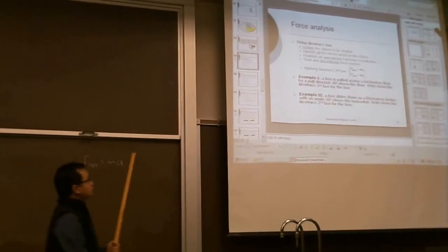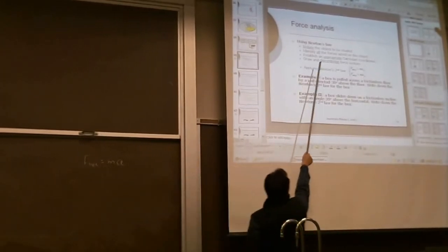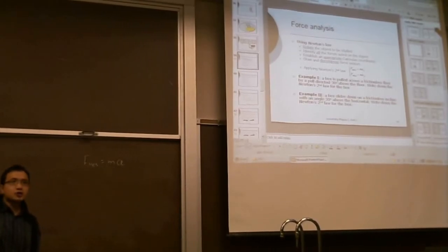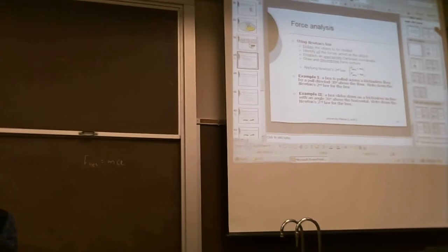Now, the general steps. First, you want to isolate the object to be studied. Think about this part, you always have action and reaction, so you have to focus on the object you are interested in. And identify the correct forces acting on it.